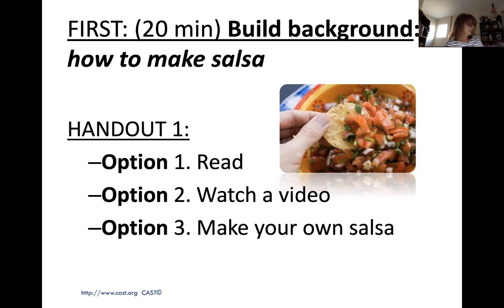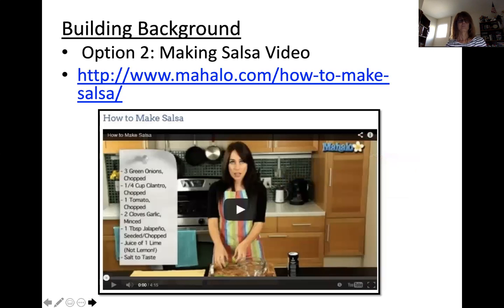So if you go through page 1 through 4, those are the 3 options for you to figure out how to create this background so that I know how to make salsa. All right? And this is just one of those options, right? You tell your student, go use their laptop, use their computer, go over to this website, how to make salsa.